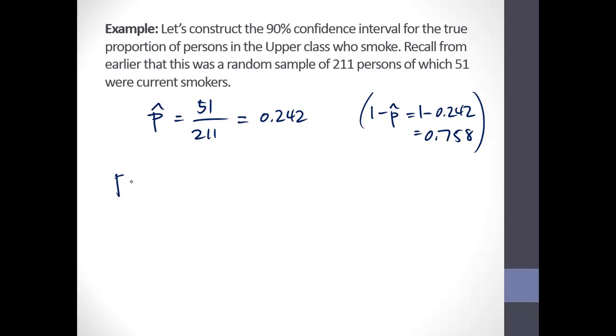Then our formula is p hat plus or minus z star times the square root of p hat times 1 minus p hat divided by n. Maybe the quick thing to jot down before we start plugging away is what my z star is going to be.